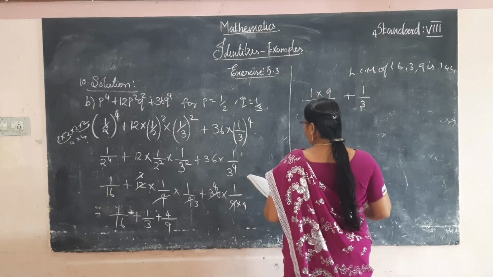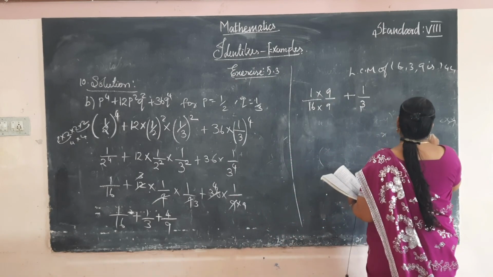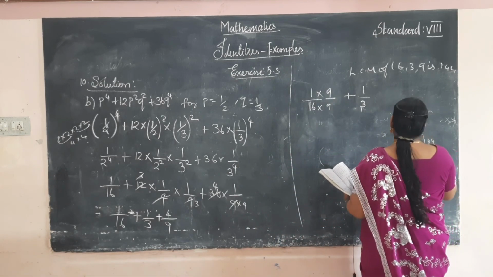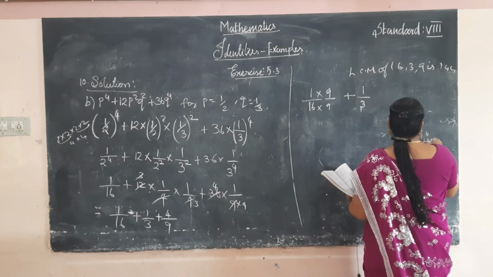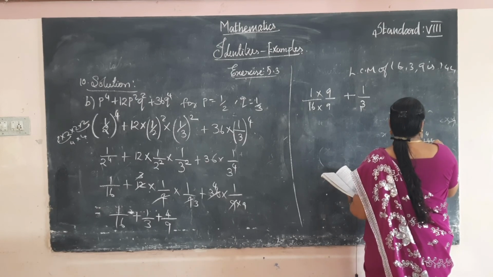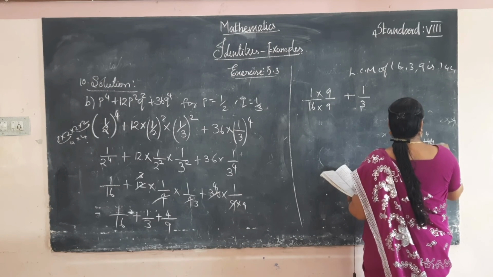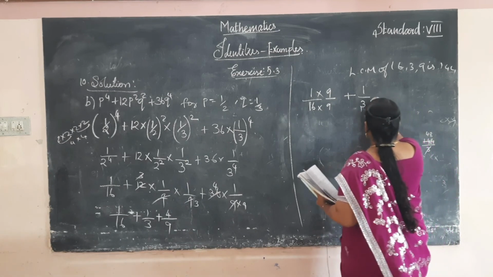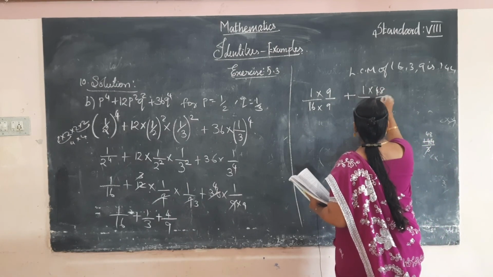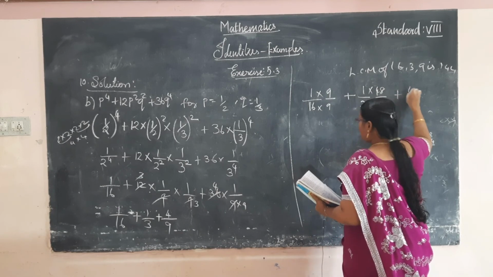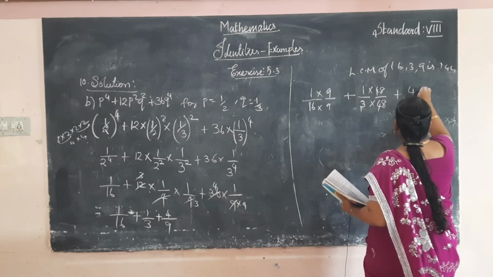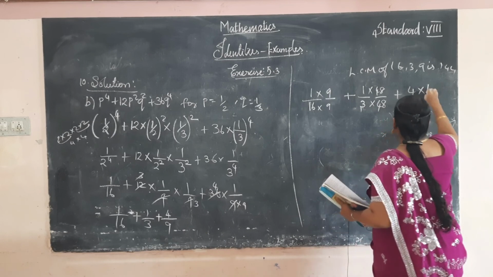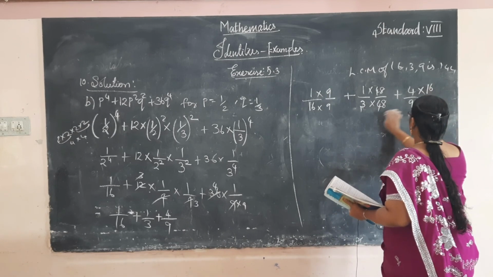So how many times to multiply? 4 3s are 12, 24, 8s are 48. And plus 4 by 9 into how many times? 16 times.